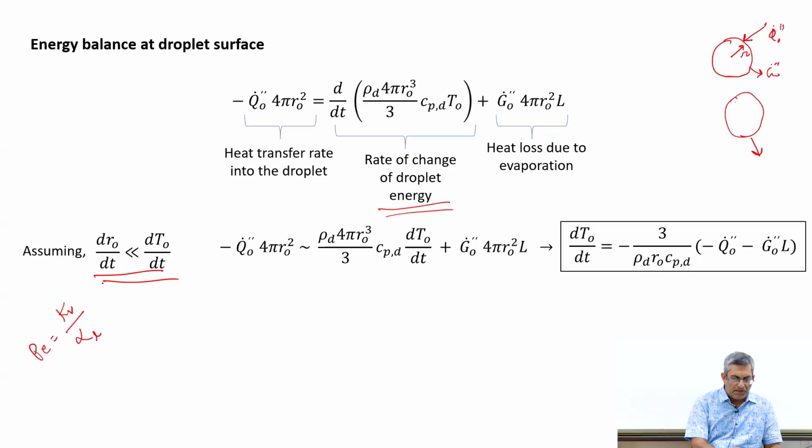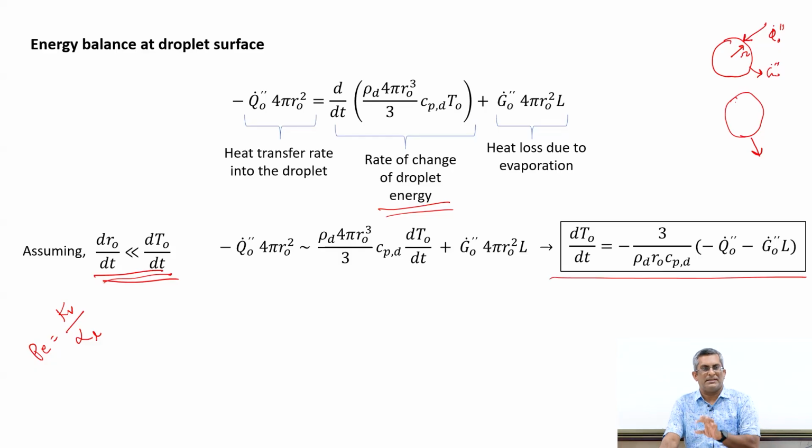Anyway, here the point is we are making this assumption and we get this expression. So, the point here is that even if we are making a steady state analysis, we are able to get an expression for the rate of change of droplet temperature. That is the bottom line here.